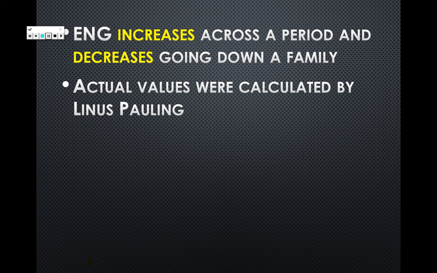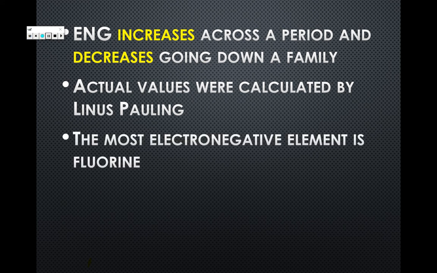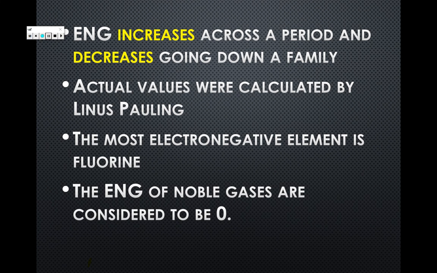If you'll notice, sometimes you'll find electronegativity tables that have values listed as 0 for noble gases. Sometimes it's given as a dash, like it doesn't even exist. The table I've provided for you doesn't even have a column with noble gases at all.